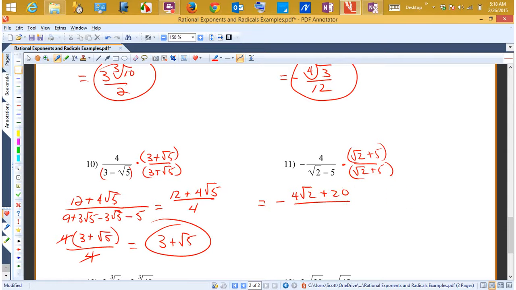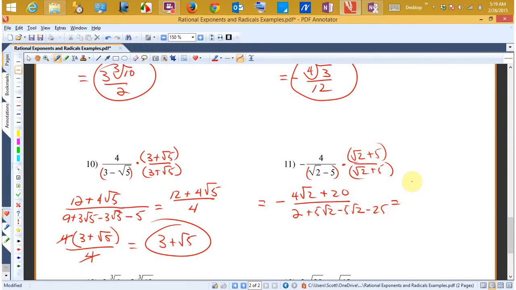And in the denominator now, I'm going to have the square root of 2 times the square root of 2. That'll be 2. 2 plus 5 times the square root of 2. Now my minus 5, so that'd be a minus 5 times the square root of 2. And lastly, a minus 5 times 5 would be minus 25.